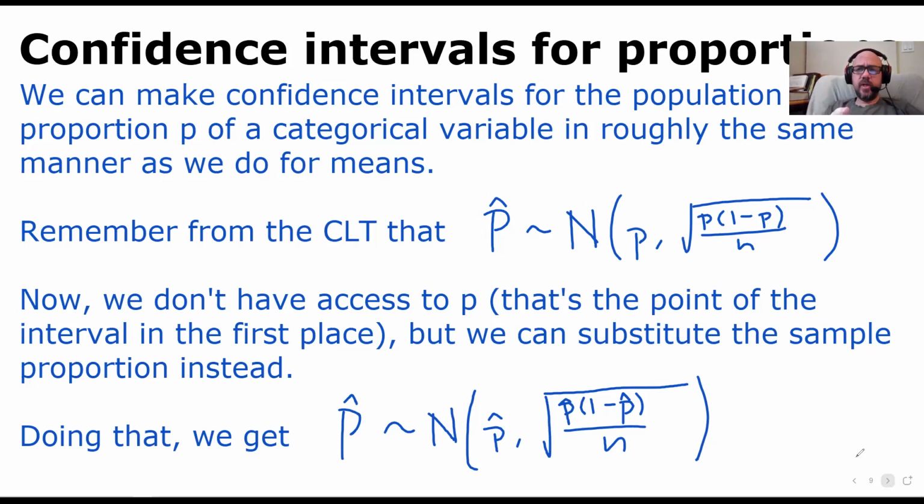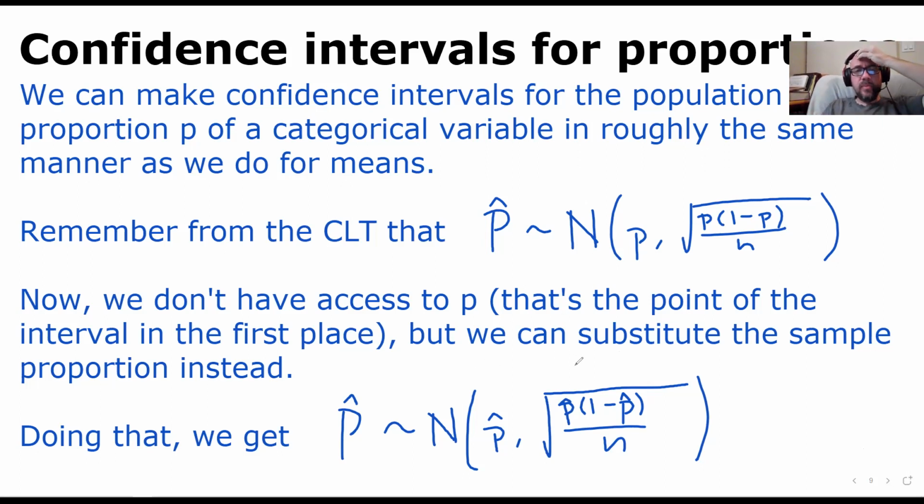Okay, so we can also make confidence intervals for proportions, because we also know from the central limit theorem the sampling distribution of the sample proportion, which I've written in here because apparently there's a way to upload pictures to the Zoom whiteboards, but I haven't been able to make it work. I can't find that option anywhere, so I'm just going to draw it in there.